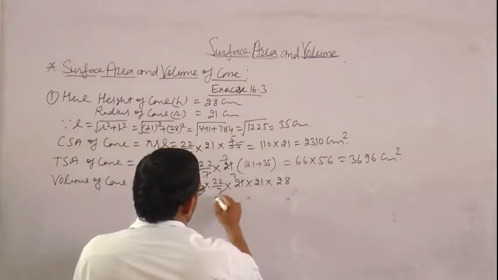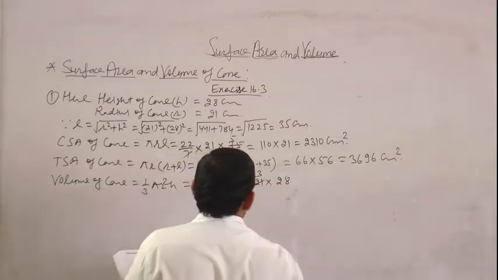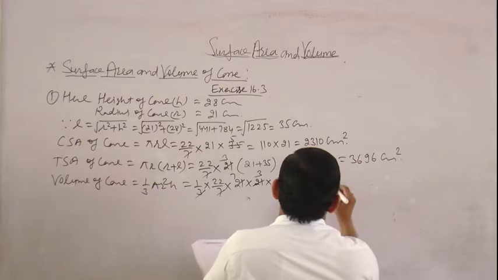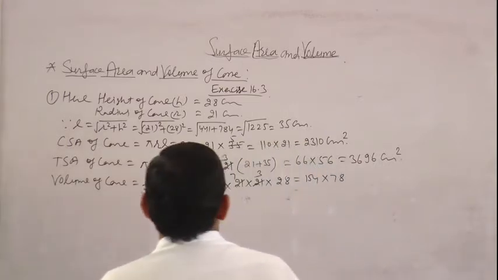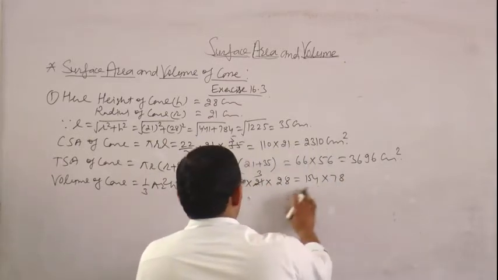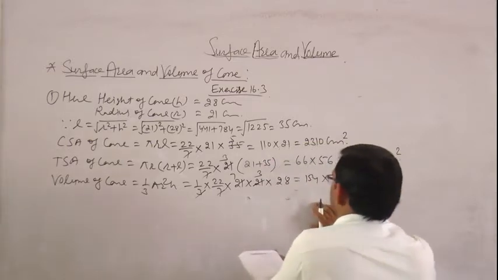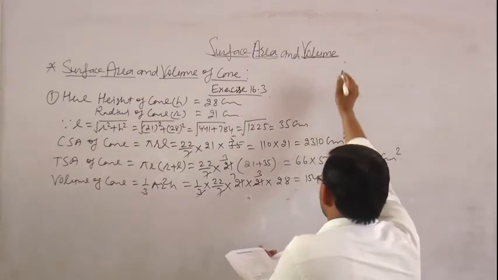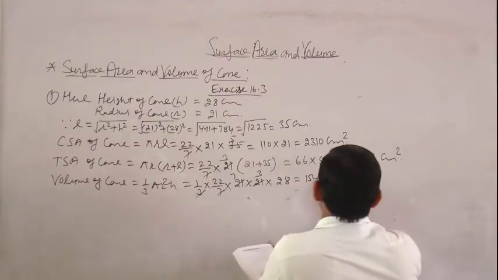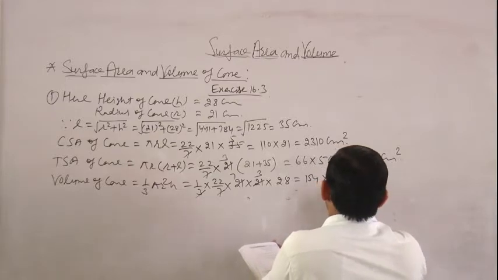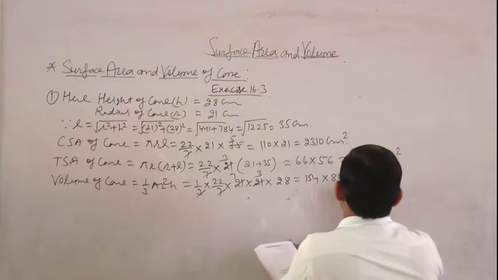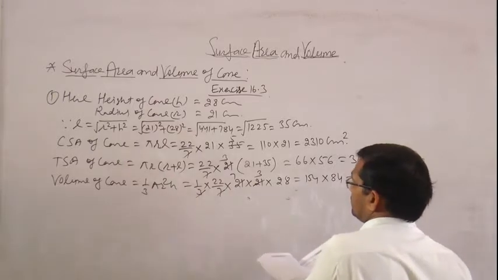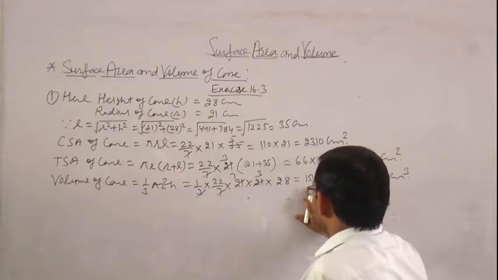So 7 3s are 21, 22 times 7 is 154 and 28 multiply 3 is 84. 154 multiply 84 is 12,936 centimeter cube.